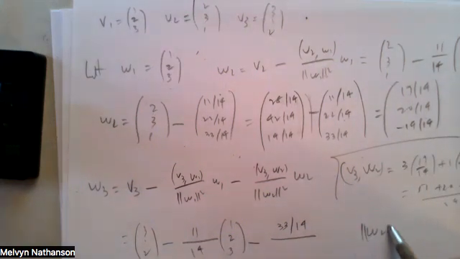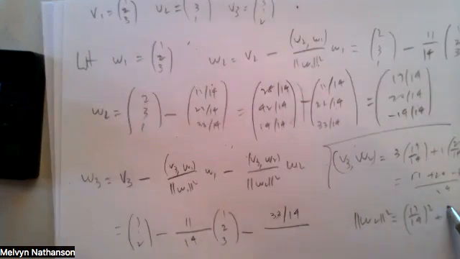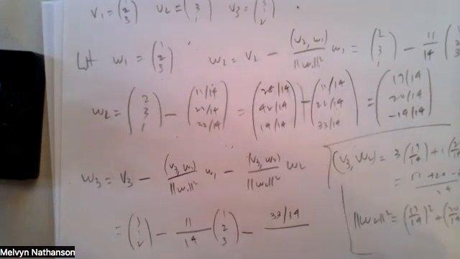What's the length of W2 squared? It's 17 over 14 squared plus 20 over 14 squared plus minus 19 over 14 squared. Right, so you do that calculation, whatever it is, times W2.